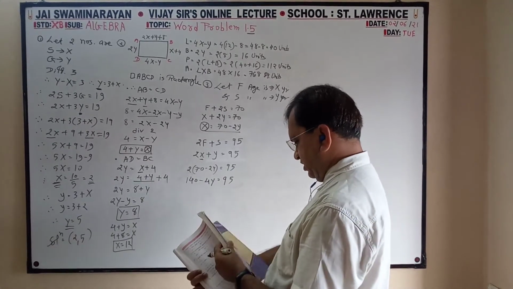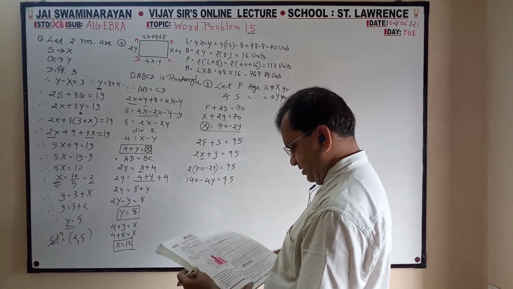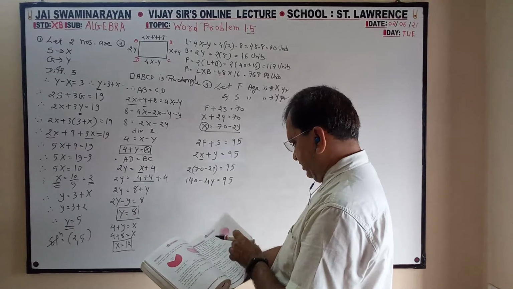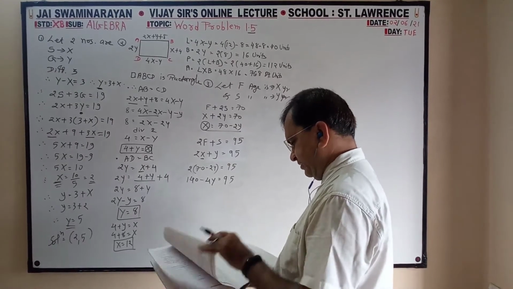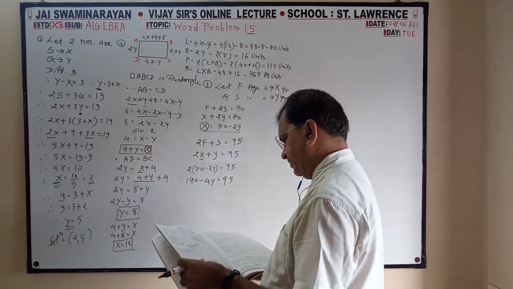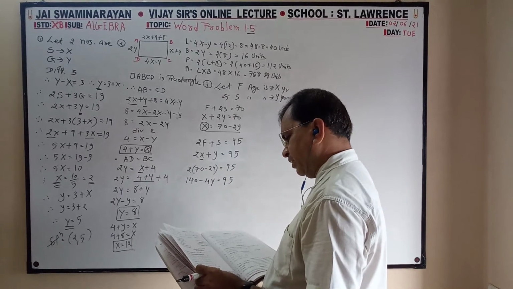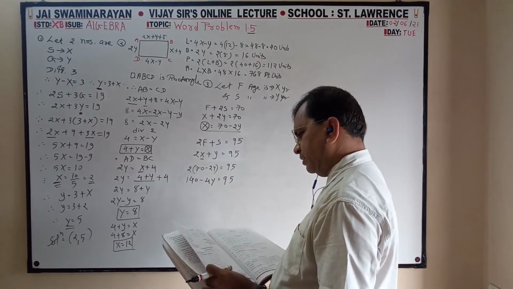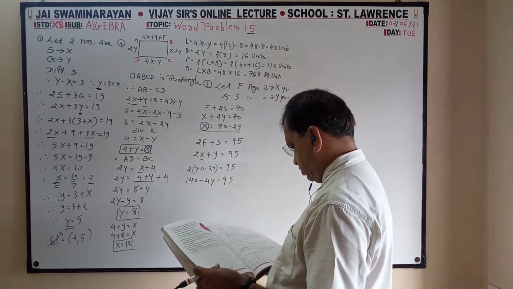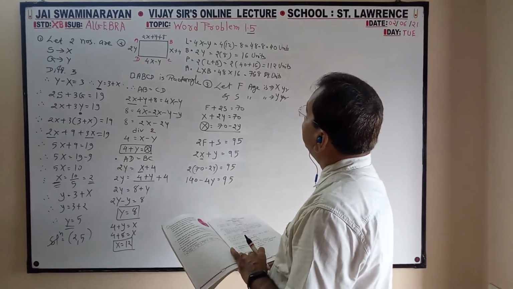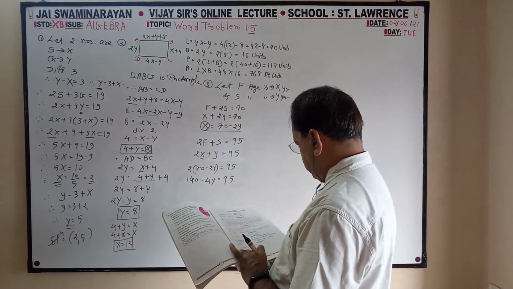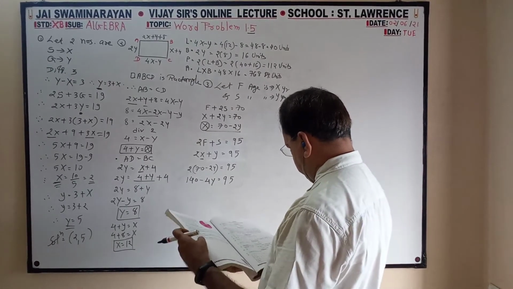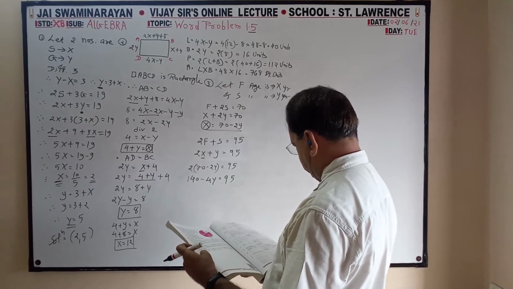Let me check the answer. 1.5, because it is coming in decimal form. Right? Son's age is 15, father's age is 50.